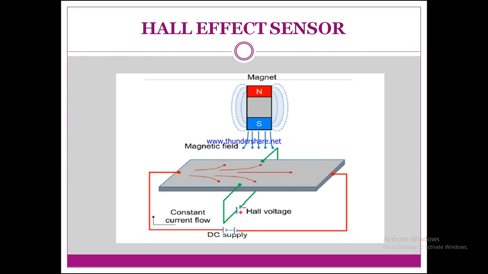Now the angle of this deflection is directly proportional to how much magnetic force we apply on that conducting plate. Due to that, we can take a Hall voltage, that is nothing but the change in current produced with the help of electrical and magnetic field, or otherwise the deflection of that current, which is directly proportional to the applied magnetizing force.